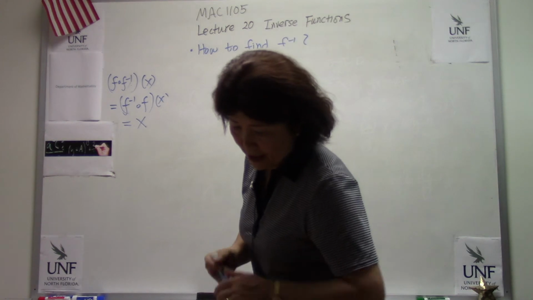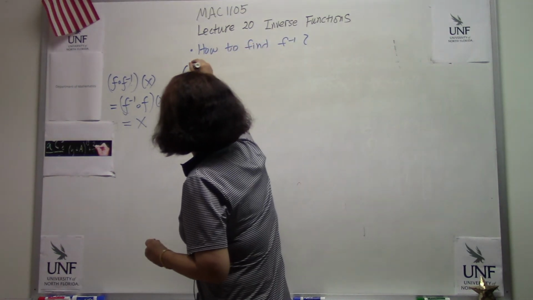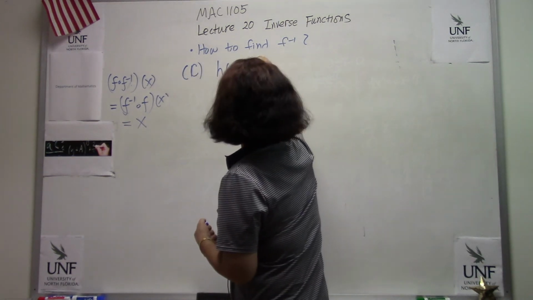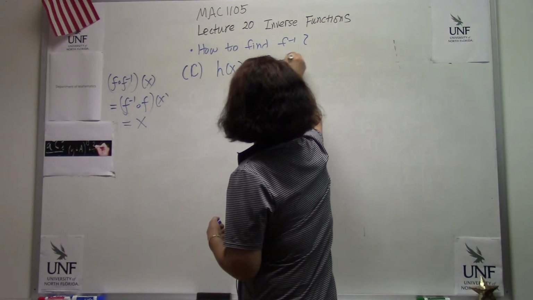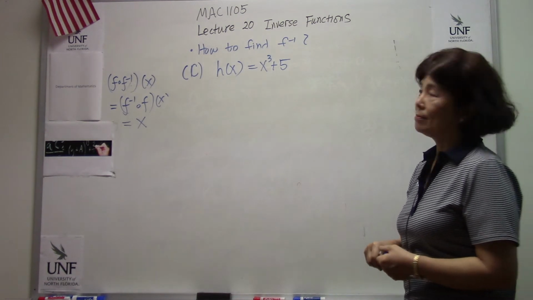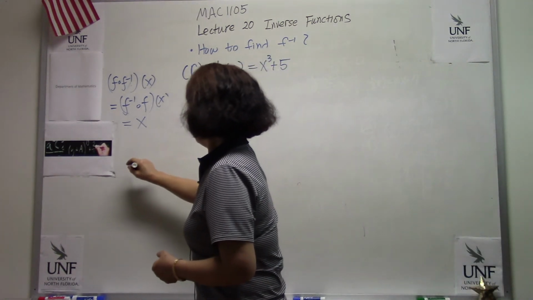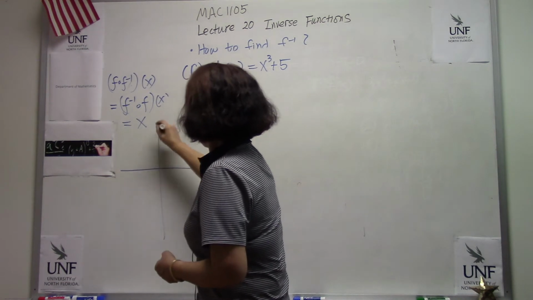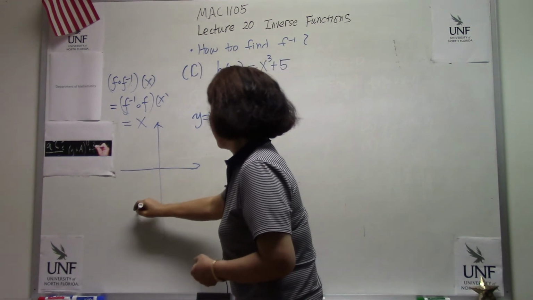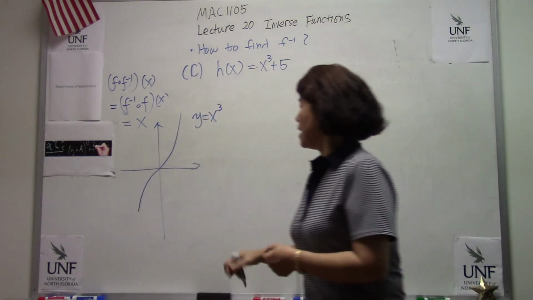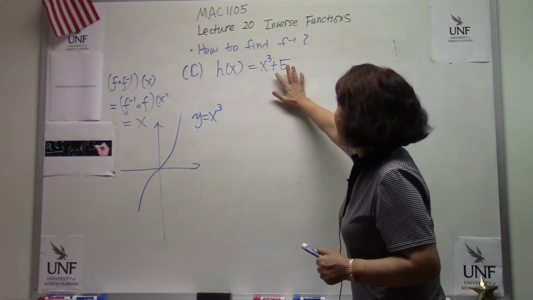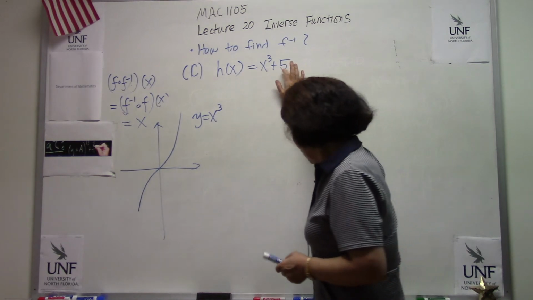The next one, h of x equals x cubed plus 5. Is this one-to-one? Do you remember the graph of y equals x cubed? It goes through the origin and is increasing all the time. But you have a plus 5 in the back. What does that mean?